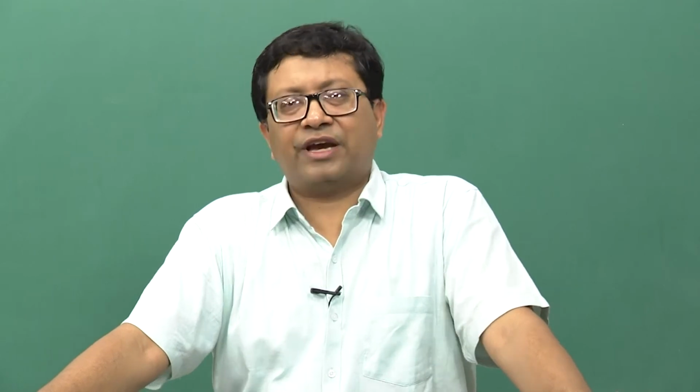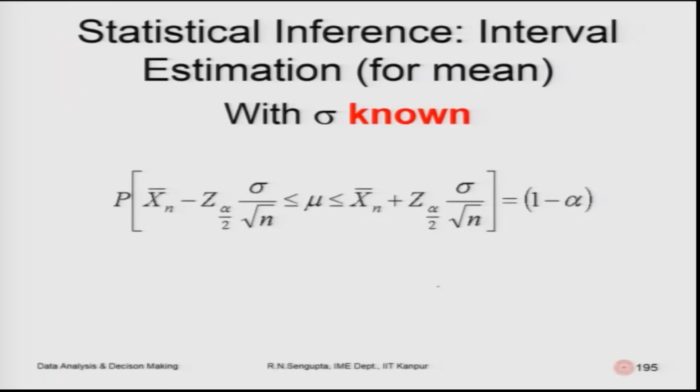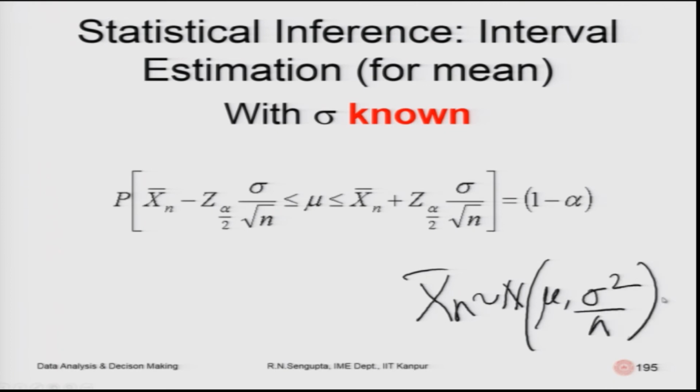So, x bar n, the sample mean, is normally distributed with mean mu and variance sigma square by n. Hence, if it is normal, it can be converted into a standard normal distribution, the z value.